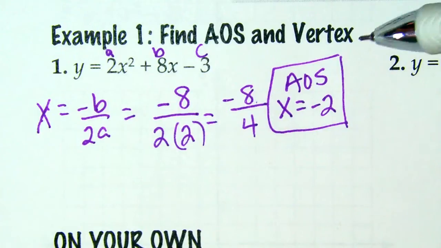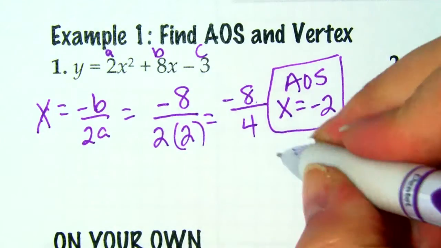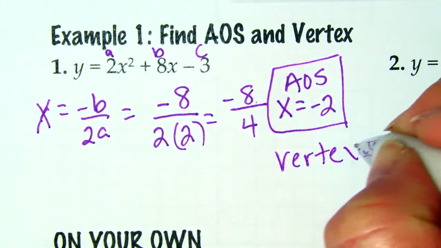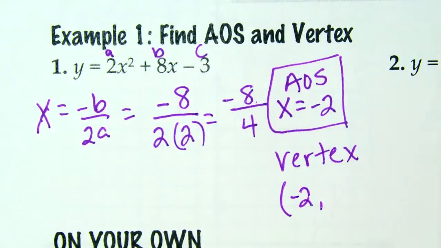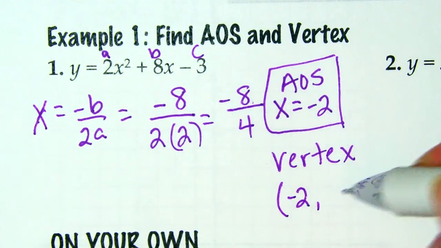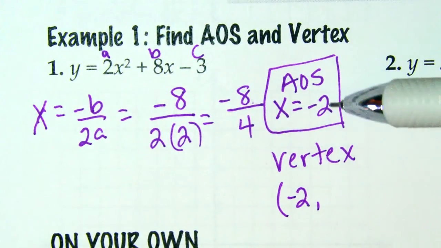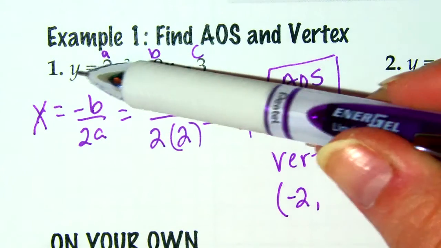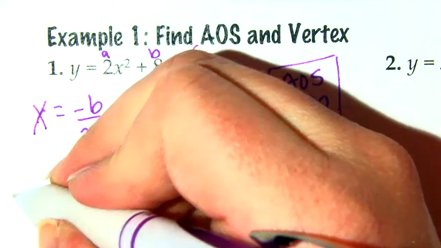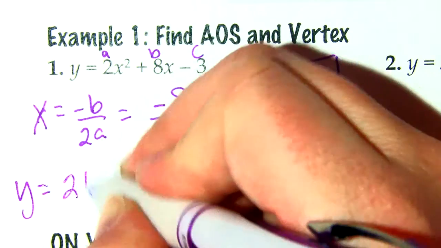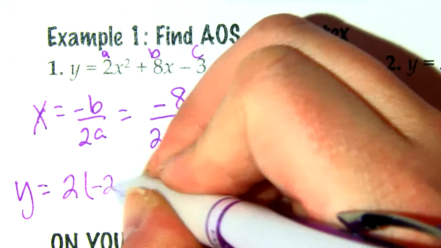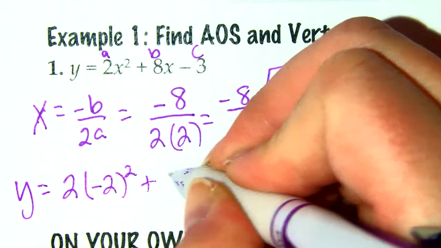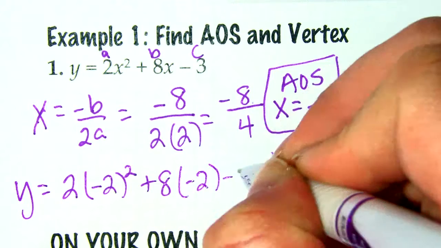So then to find the vertex, we know that the x is the same exact number as the axis of symmetry. We just need to figure out what that y is. And to do that, we're going to plug the x back into the original problem because it says y equals. So it's y equals 2 times negative 2 squared plus 8 times negative 2 minus 3.